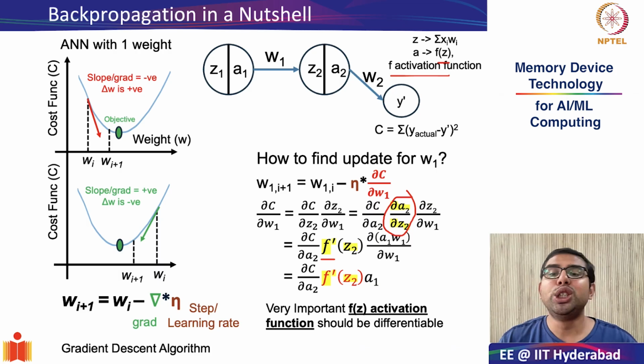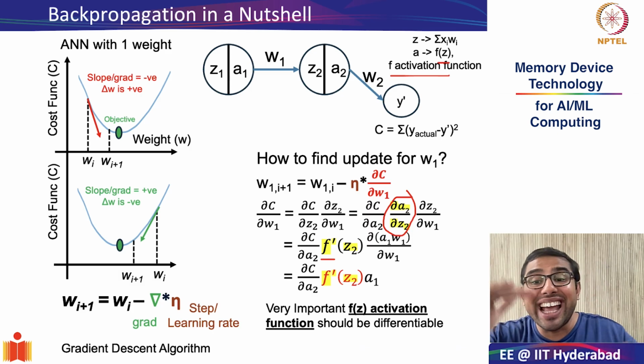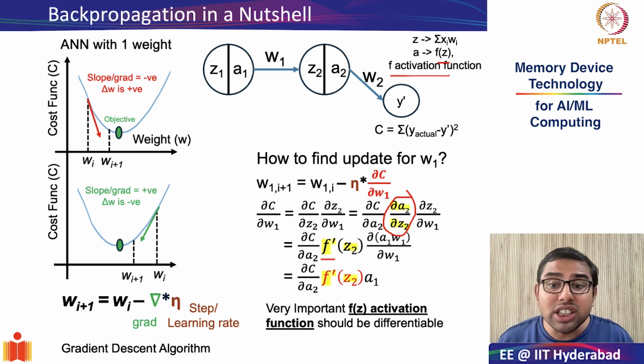And this is why choosing an activation function whose derivative is simple and well behaved is absolutely critical for deep learning. If the derivative vanishes, like in sigmoid at the extremes, and gradients disappear, the learning will absolutely stall. If it explodes, the training becomes very volatile and unstable.